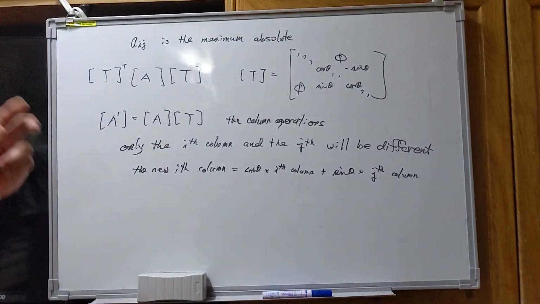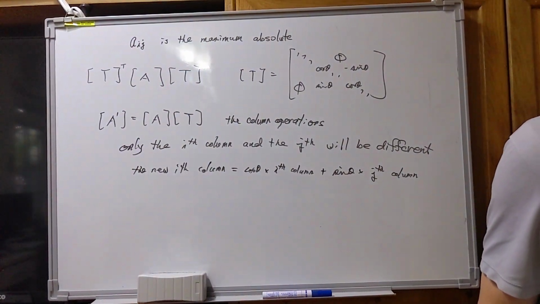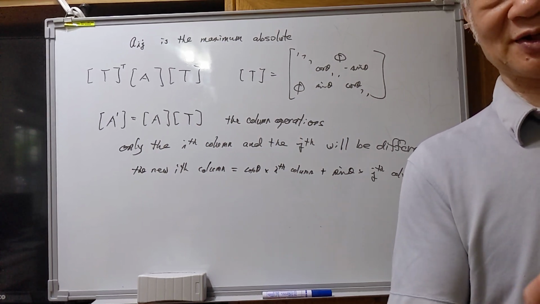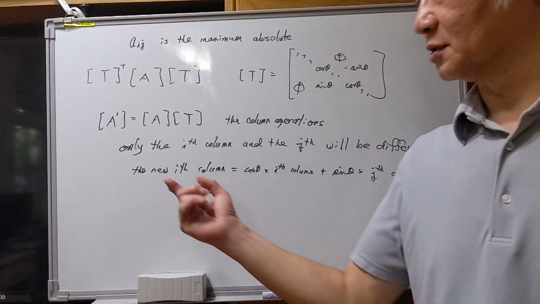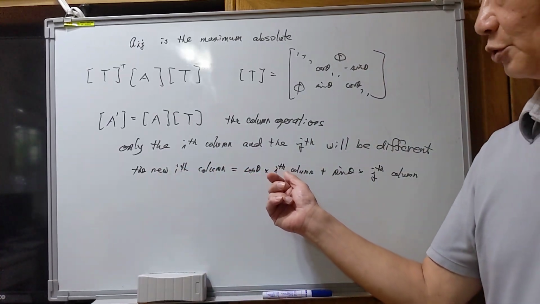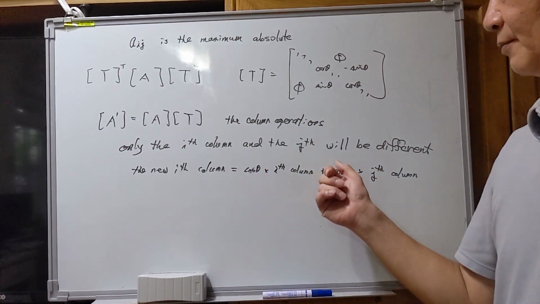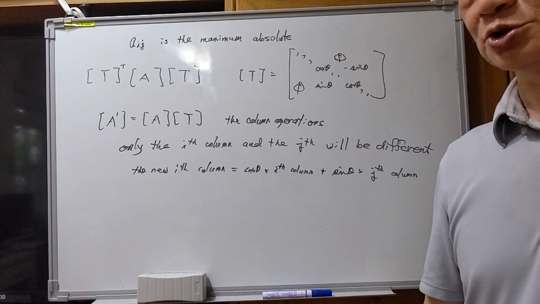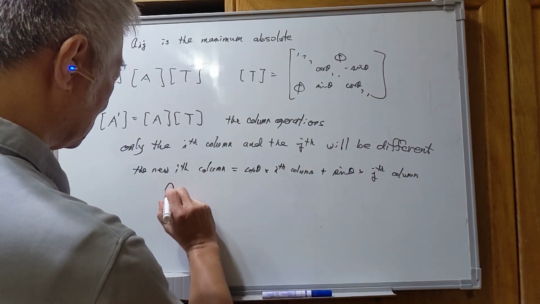You can prove it by yourself, since it is only the basic definition of matrix multiplication. If we post-multiply the T matrix, the new ith column will be the original ith column multiplied by cosine theta plus sine theta times the original jth column.